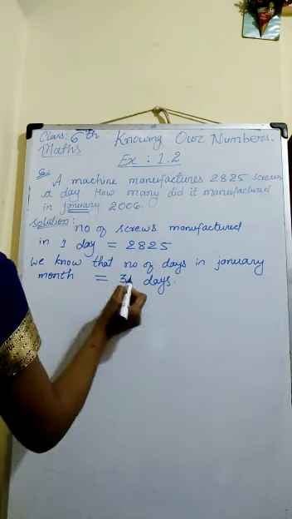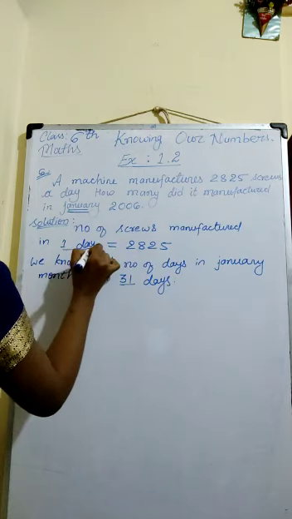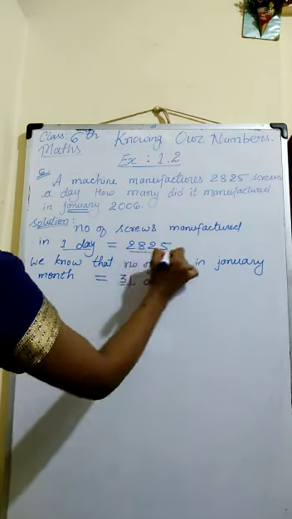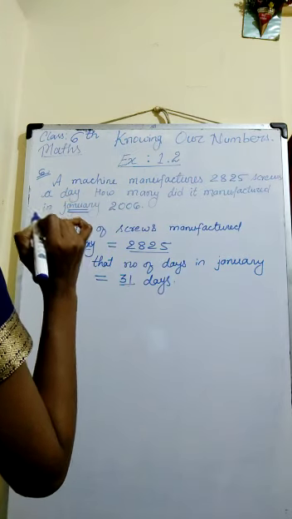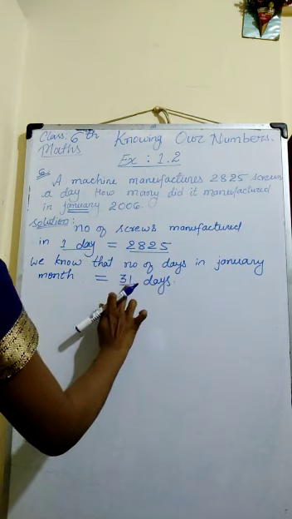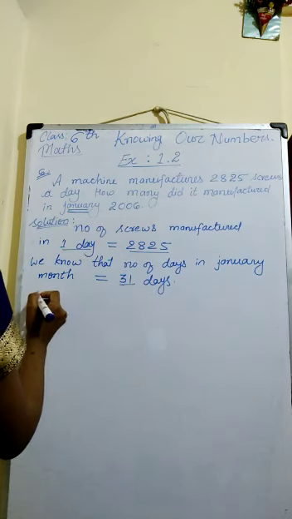Now since we are going to find out for 31 days, we have the value of 1 day. So what will we do? We have to multiply these two. As I told you, we have the value of 1 and we need to find out the value for many. So here we have to multiply.